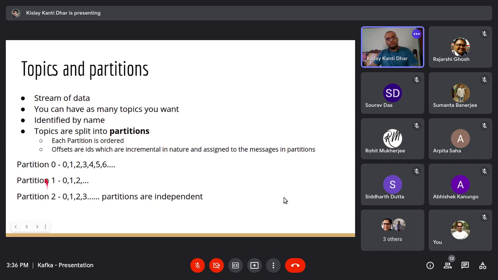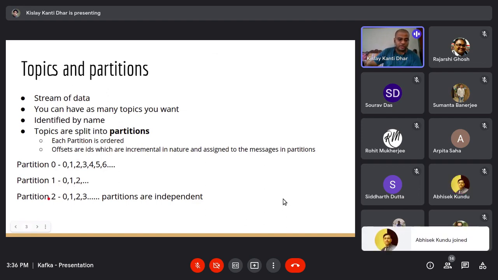So suppose this topic has three partitions. You can consider these partitions as paragraphs. Partition 0 has six lines, partition 1 has three lines, and partition 2 has four lines.